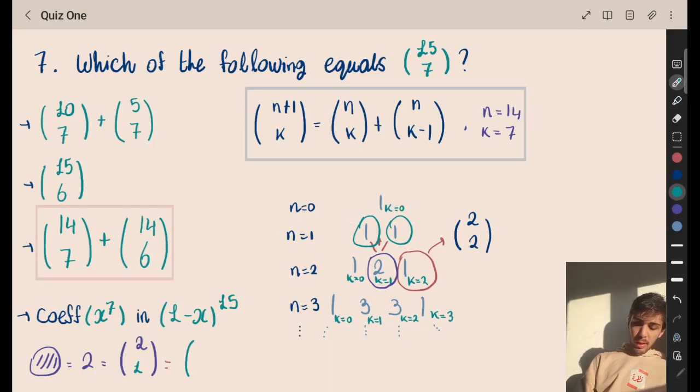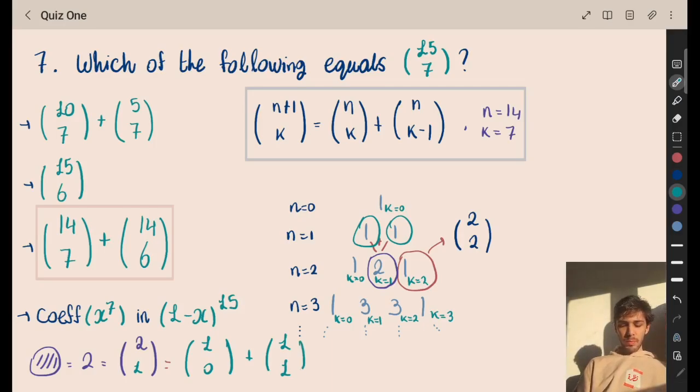So the first one on the left is, you have n is equal to 1 in both of them, it doesn't matter. And one of them is k is equal to 0, one of them is k is equal to 1. And that's effectively what's happening. 1 plus 1 is equal to 2.